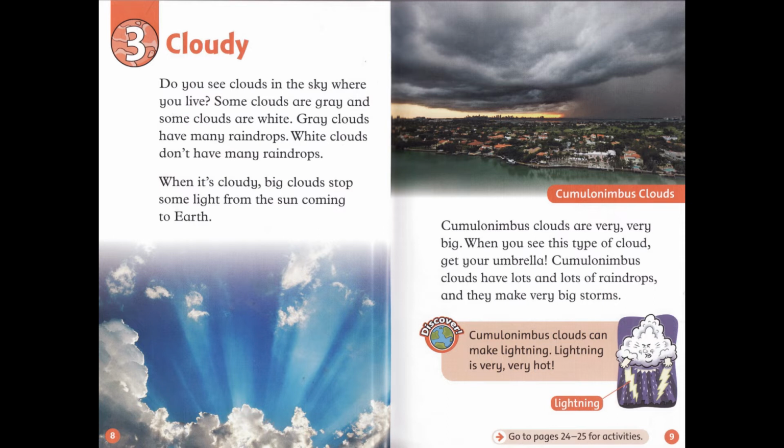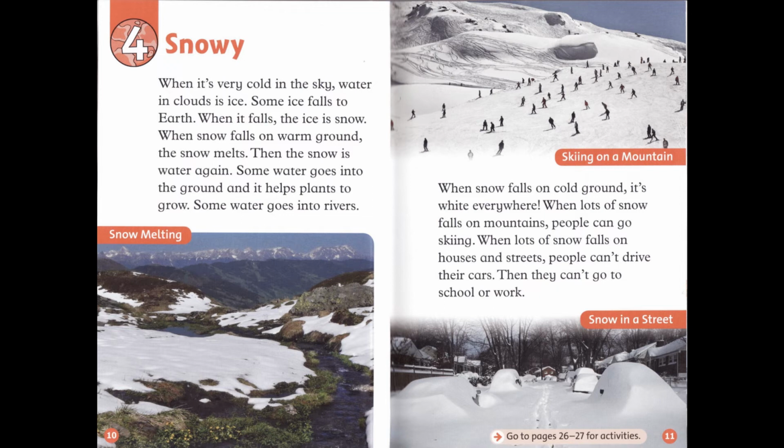Chapter 4. Snowy. When it's very cold in the sky, water in clouds is ice. Some ice falls to Earth. When it falls, the ice is snow.